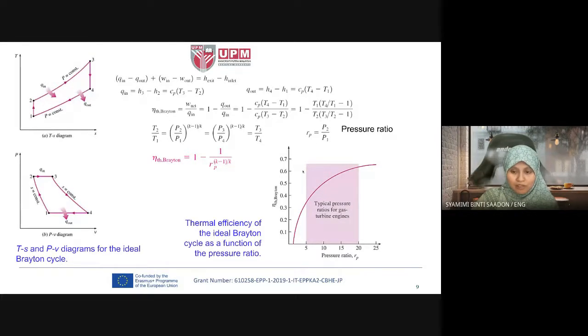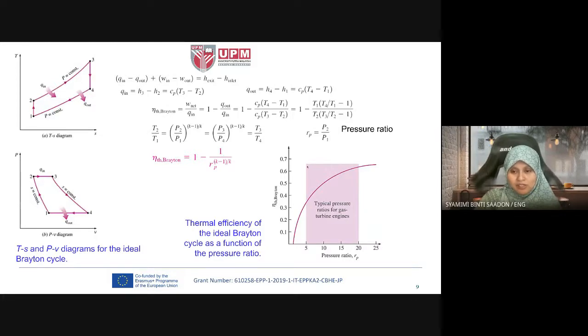So if we sketch the graph of the thermal efficiency of the ideal Brayton cycle as a function of pressure ratio, a higher pressure ratio results in higher thermal efficiency. It means that if we increase the pressure ratio, P2 over P1 or P3 over P4, we can increase the thermal efficiency.